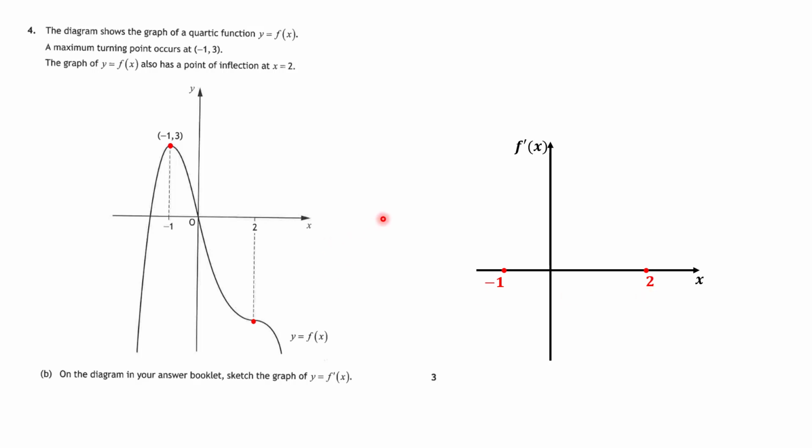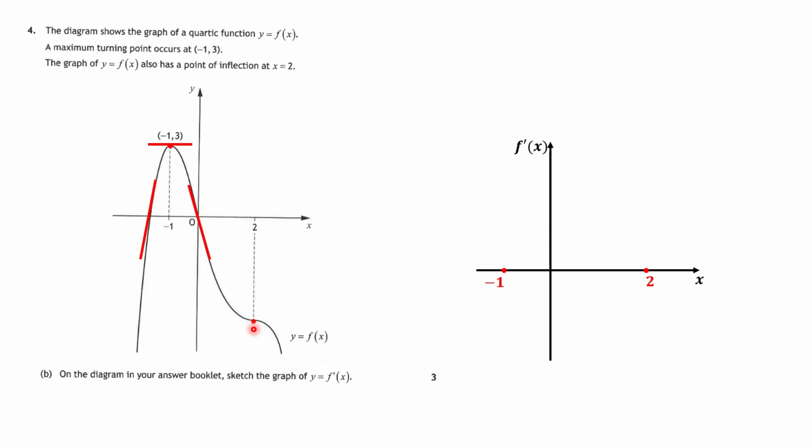Now we need to consider what's happening as we approach these stationary values from the left. So from the left, this is a positive gradient. When we hit the stationary value, it's a 0 gradient. Between the stationary values -1 and 2, it's negative.